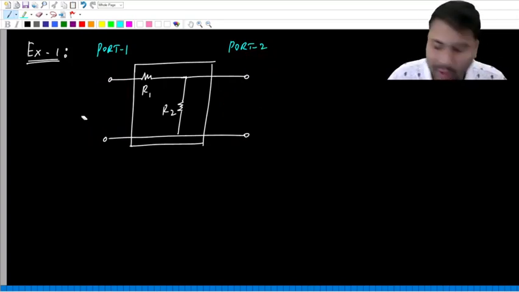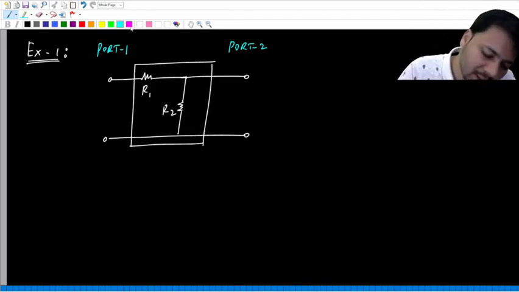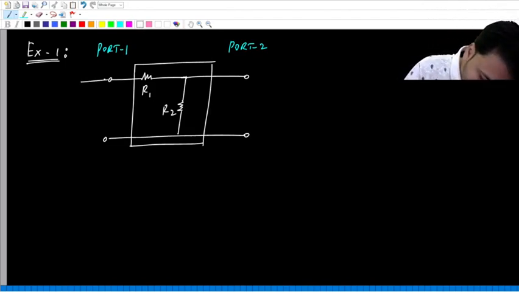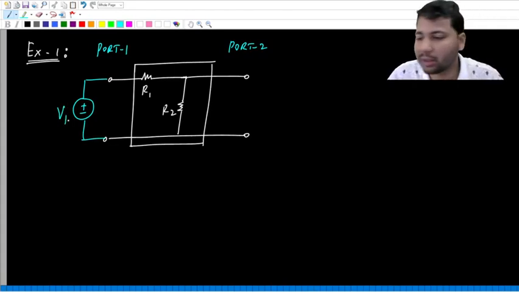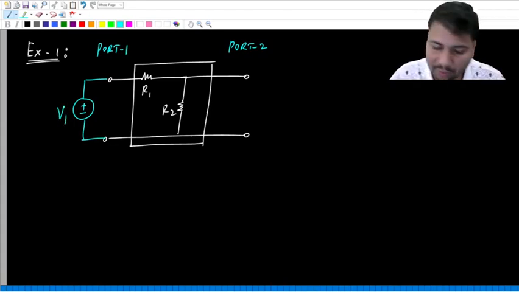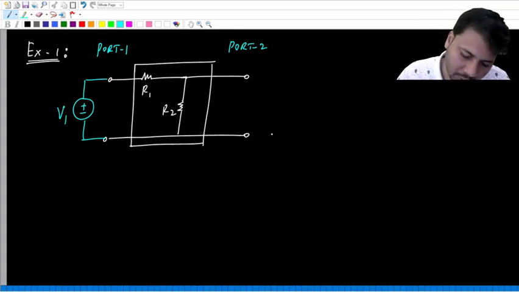Now if you are applying the reciprocity theorem, at each port you have to connect some independent source. Let's say at port 1 I connect a voltage source, and I call the voltage source V1.